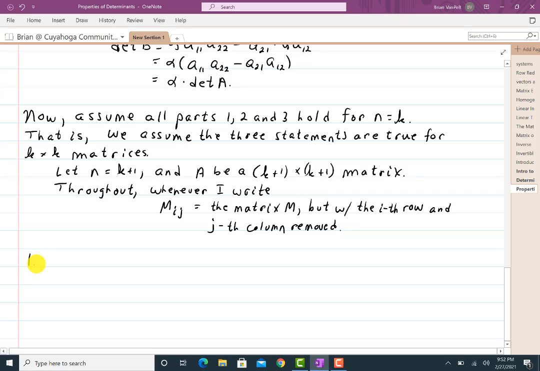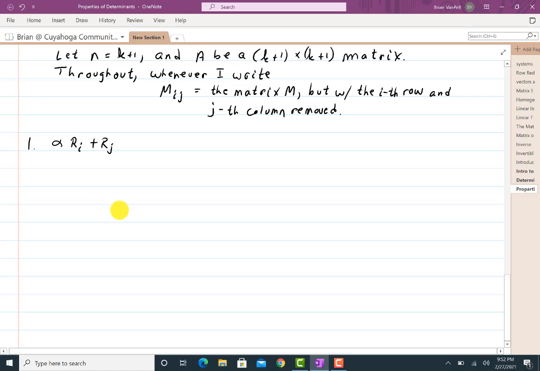So for part one, we add something from one row to another row. So we're going to do alpha Ri plus Rj. So let's take a look at what B is equal to then.